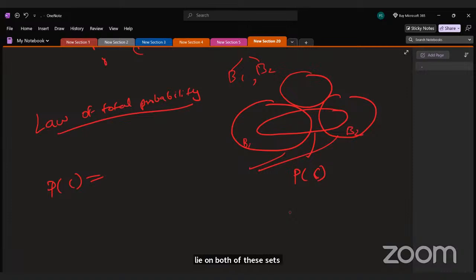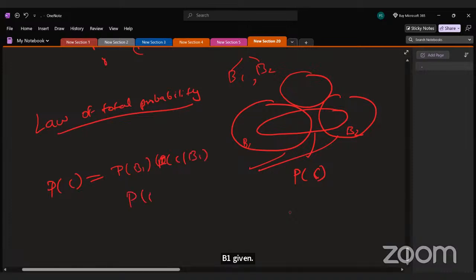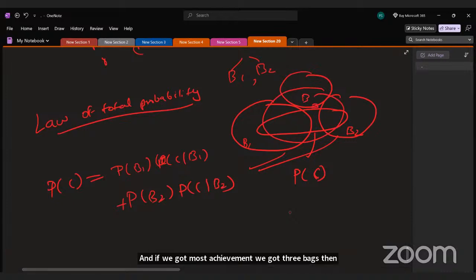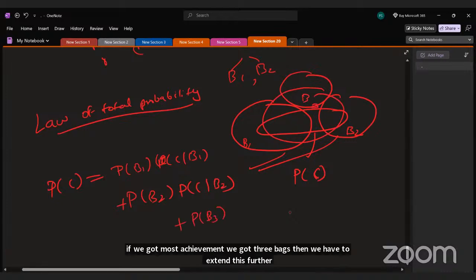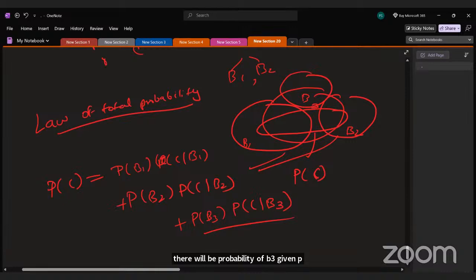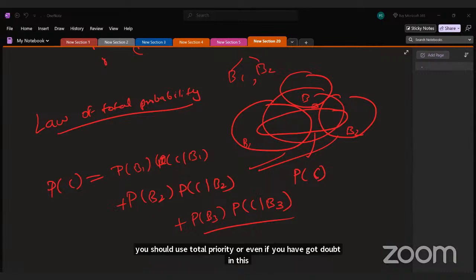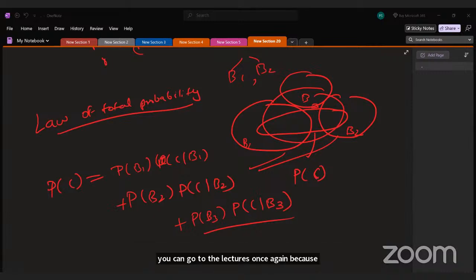To find the total probability of C, we take probability of B1 times probability of C given B1, and probability of B2 times probability of C given B2. If we have more such events, like 3 bags, then we extend this further: probability of B3 times probability of C given B3. There you should use total probability. If you still have doubt, you can go to the lectures once again, because Usha ma'am explained pretty well in the lectures.